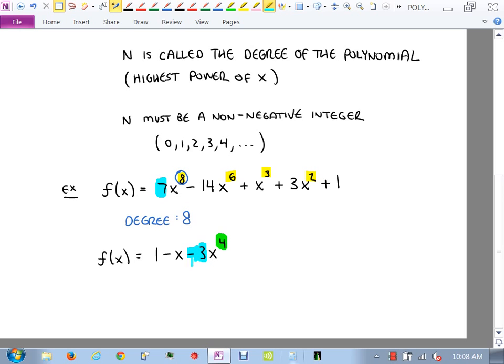Okay? So that bottom one, degree is 4, -3 is the LC. The top one there, degree is 8, LC is 7, right? I'll put LC here. LC is 7, and over here, LC was -3. And degree was 4 here.